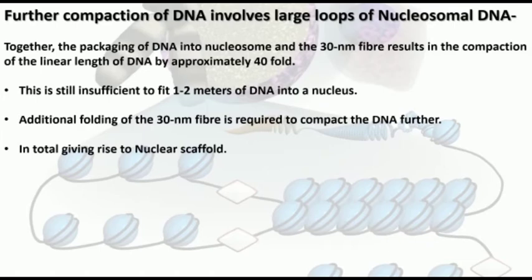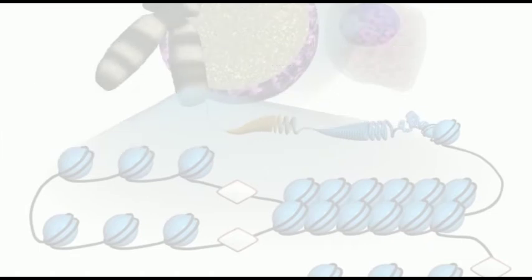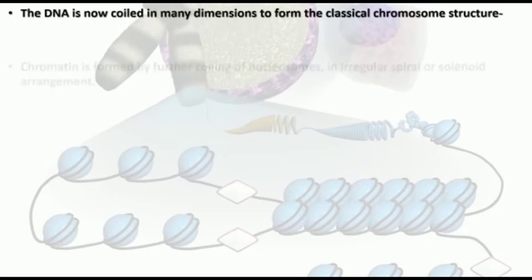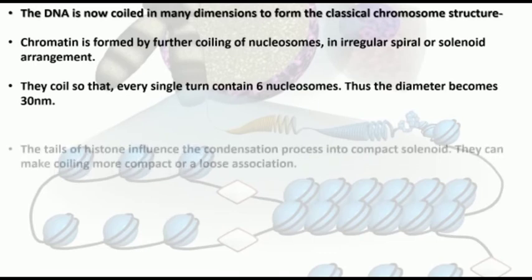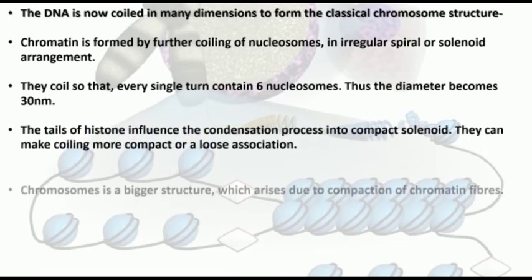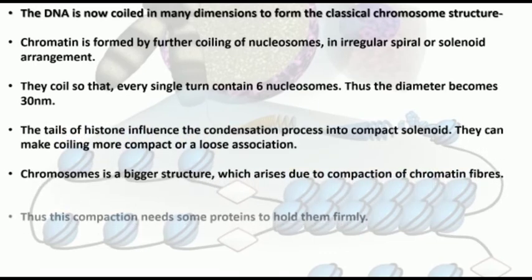Now, what is the structural scaffold in chromosomes? Chromosome is a bigger structure which arises due to compaction of chromatin fibers. Thus, this compaction needs some proteins to hold them firmly. For this task, cells utilize some non-histone proteins which provide a scaffold or a framework for chromosome formation.